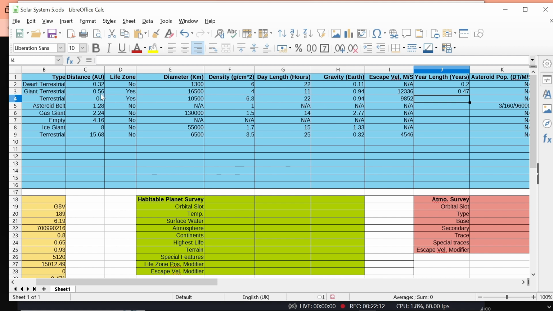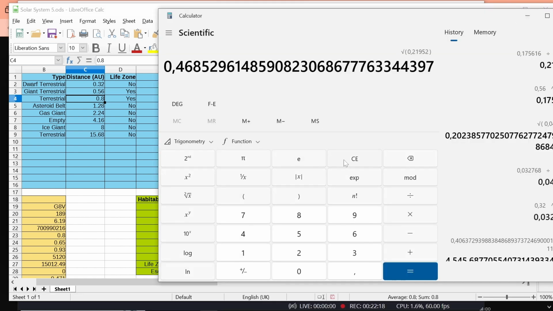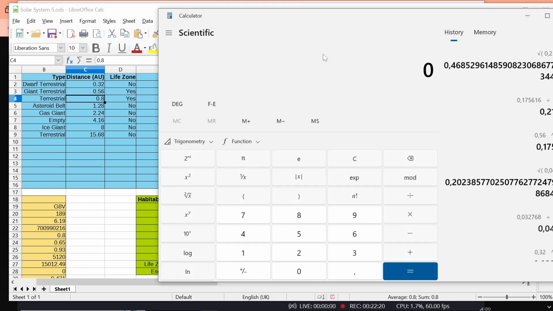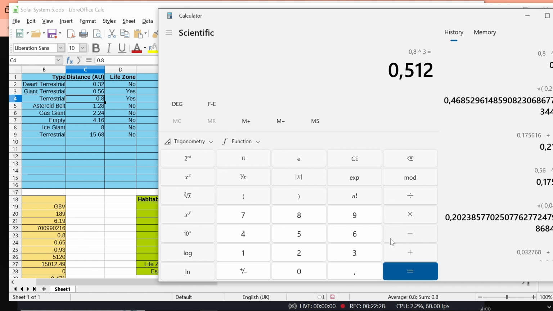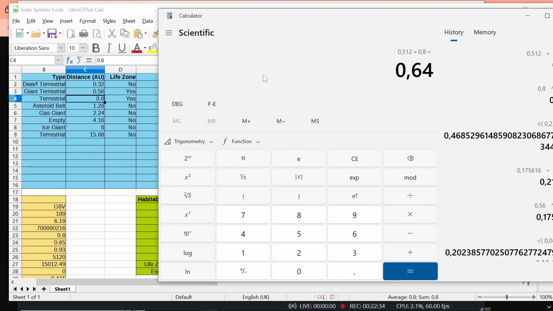For a terrestrial, which has a distance of 0.8, I know the answer to this one already. 0.8, we'll do it anyways, to the power of 3, divided by our mass, 0.8, equals that, and we'll take the square root of that.